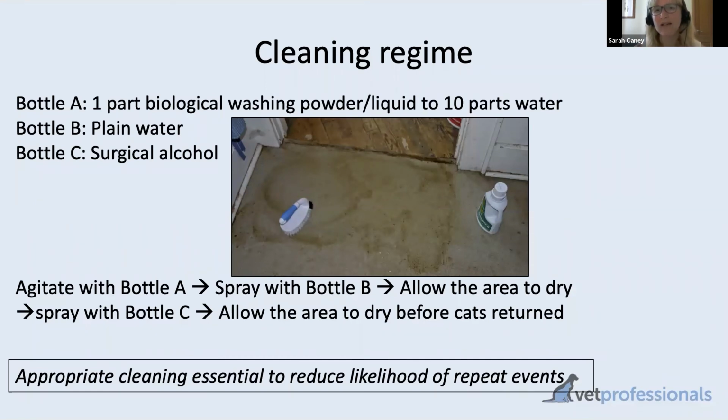So if we can rearrange the furniture in some way to prevent the cat from accessing that area for at least some time, maybe just a few weeks, then we can shift things back, and hopefully the cat is not going to return to that location. Some areas are easier than others in terms of preventing access to. Of course, doorways are a nightmare, and if your carpet is as badly affected as this one, then ultimately you may well need to rip it up.